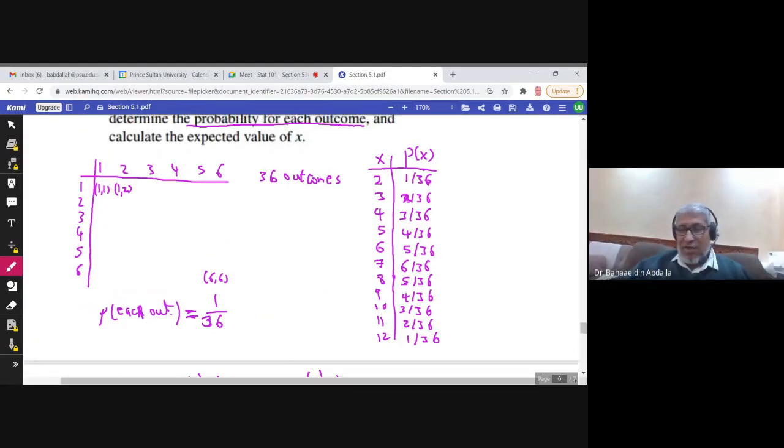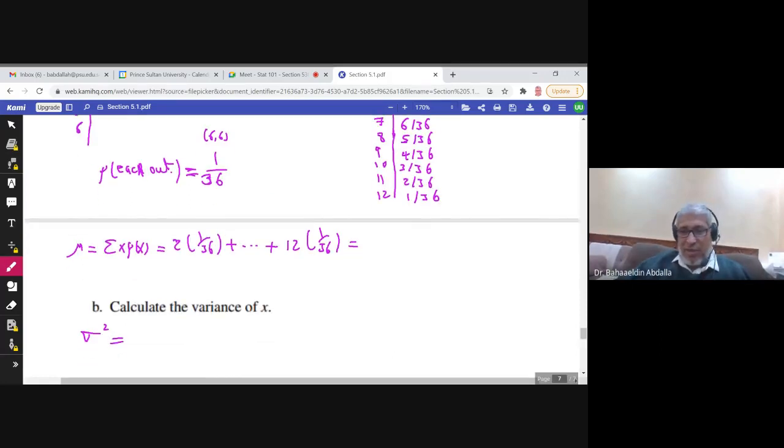Well, 7 is expected, because it has the most probability. Okay, and we have 5 numbers below 7 and 5 numbers above 7. So 7 is expected, really. So this says that our answer is correct.